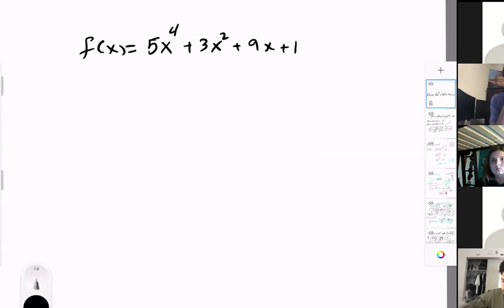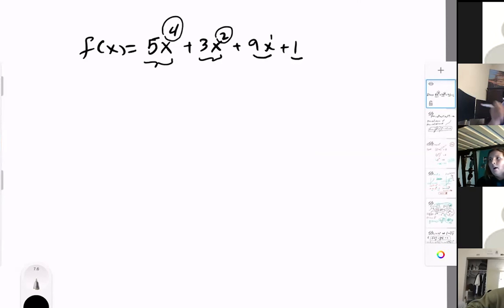The definition of polynomial was that all the degrees should be positive integers, and yes. We have 4, we have 2 and 1, and that's it. Then how many terms do we see here? This polynomial has 1 term, 2 terms, 3 terms, 4 terms. So it has 4 terms.